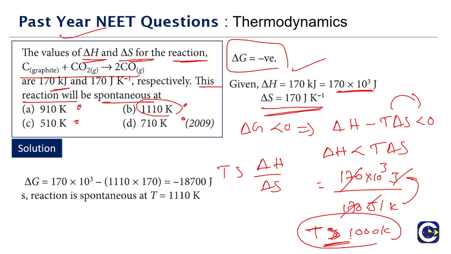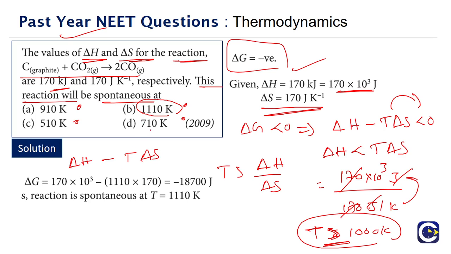Otherwise we can also check directly. Del G is del H minus T delta S, right? We can take a temperature value and keep checking, though that is of course not recommended. If you take a temperature, substitute it, you will be able to check whether del G comes out positive or negative.